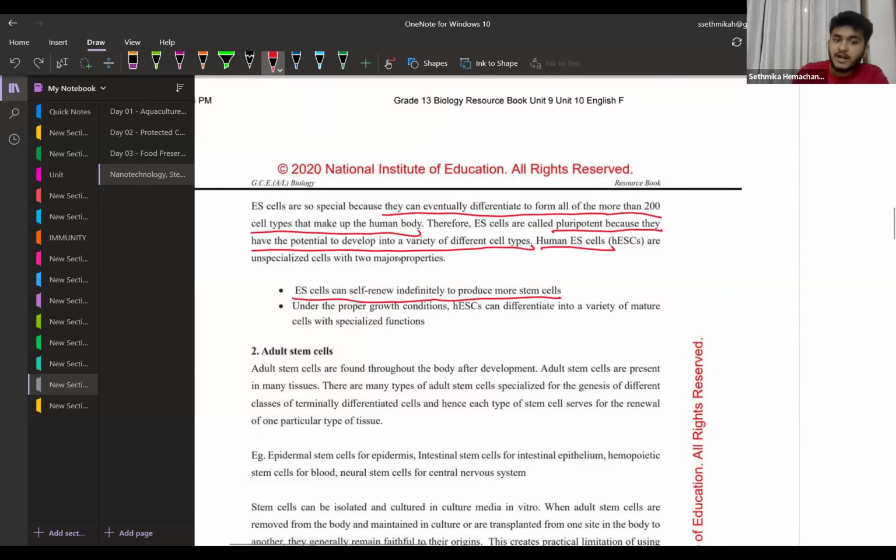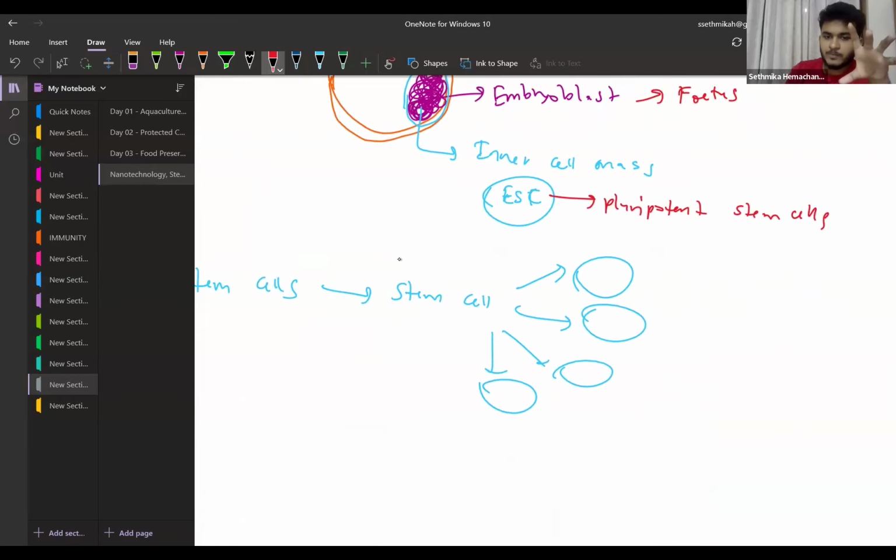And the other is that under the proper growth conditions, proper chemicals and proper signals are needed. So these stem cells will develop into cardiac muscle cells only according to signal type 1. Signal and chemical type 2 develops them into skeletal muscles.